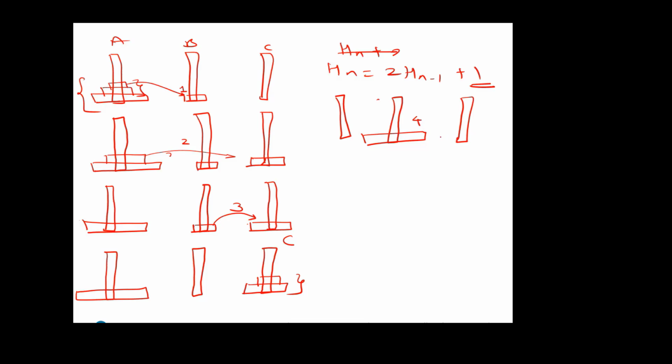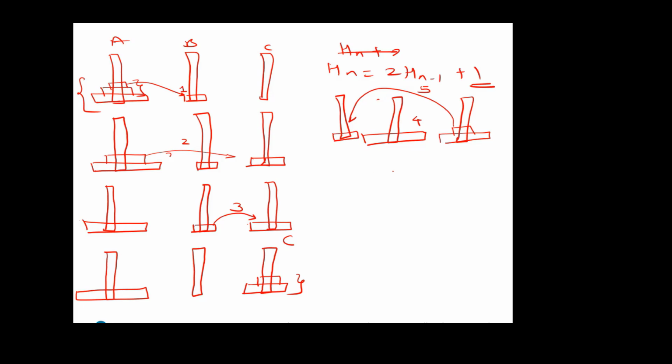Then what can I do? I have middle and smallest, right? If I keep the smallest disk here, then I'm not getting the same sequence. So now I will keep the smallest disk on A. That will be my fifth move.